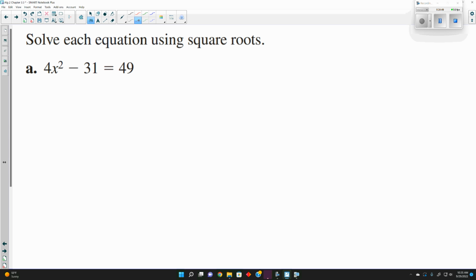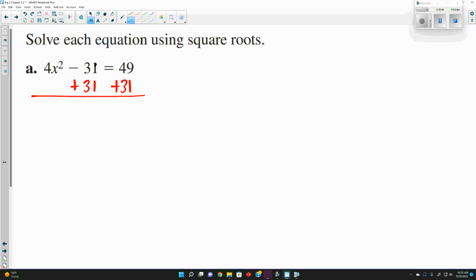Whenever I don't have a middle term, I try to get the x squared by itself. So what's the first thing we can do here? Because I want to get x squared by itself. When we have no middle term, we get the x squared term by itself. Or if we have a set of parentheses squared, we get it by itself first.